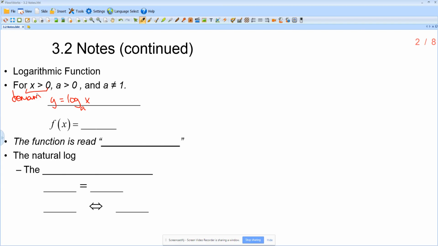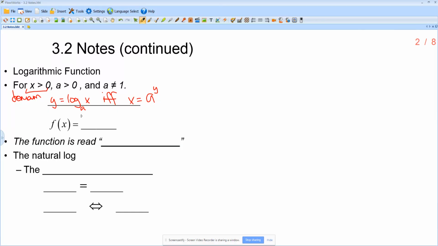So as long as a is positive and not 1, and x is positive, then y is equal to log base a of x if and only if, that's what that double F means, x is equal to a to the power of y.